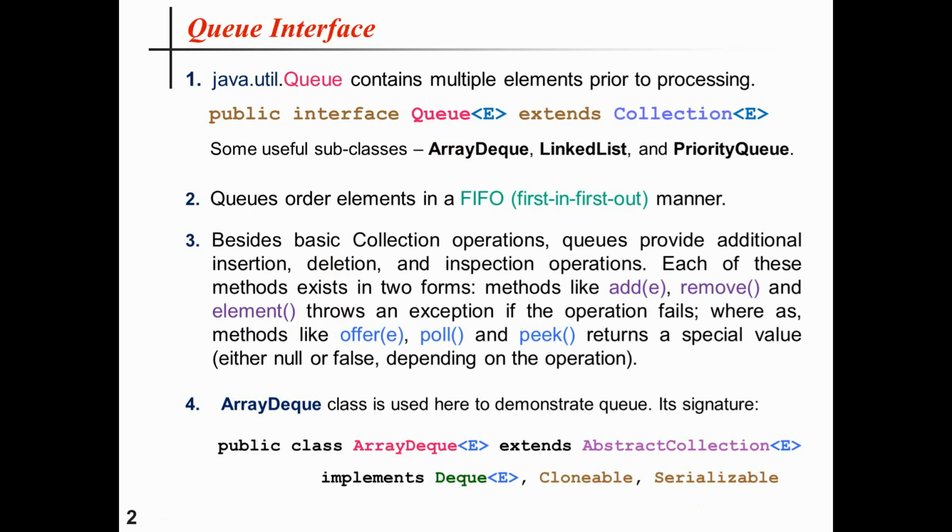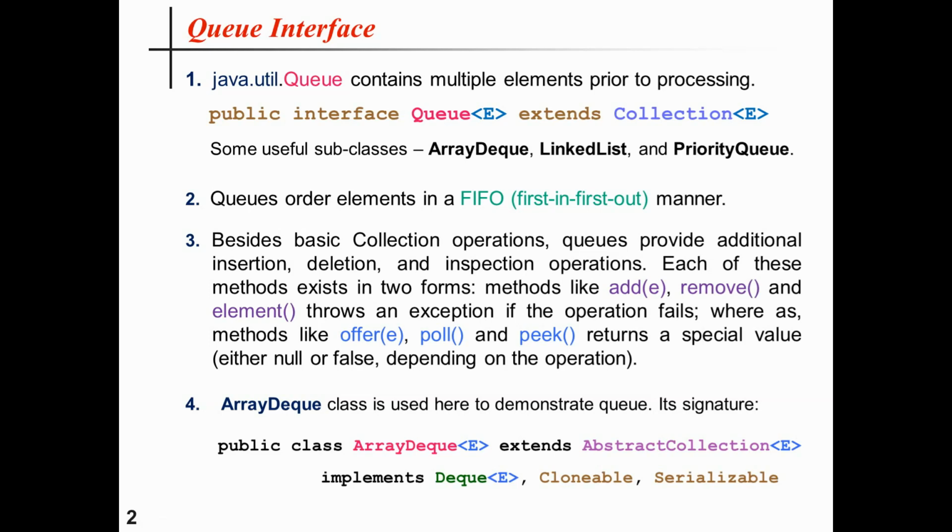ArrayDeques have no capacity restrictions; they grow as necessary to support usage. So that is the basic idea with respect to the ArrayDeque class in terms of its object creation.